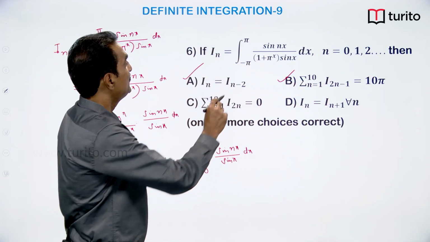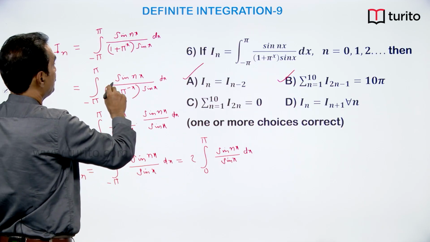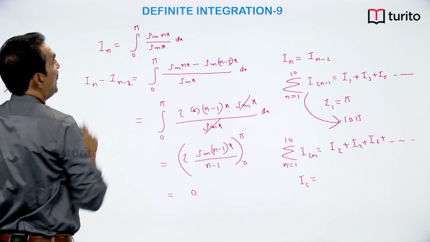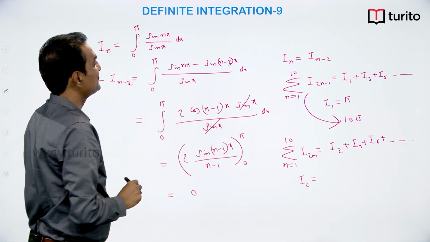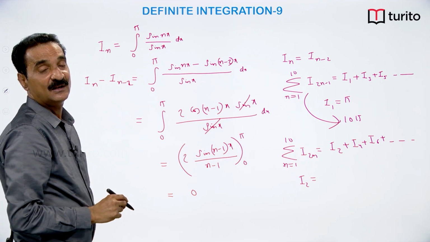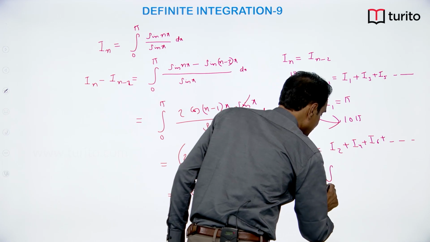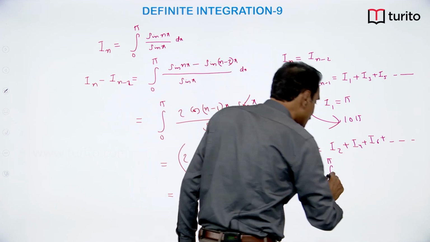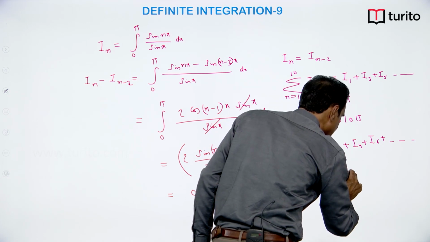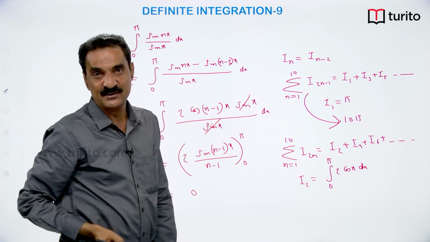I2, putting n is equal to 2, is integral 0 to pi of sin 2x by sin x. What is sin 2x? Sin 2x is 2 sin x cos x, no?